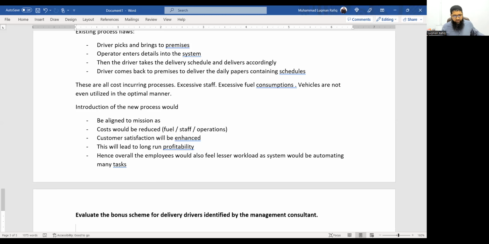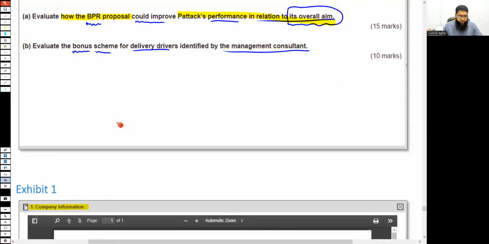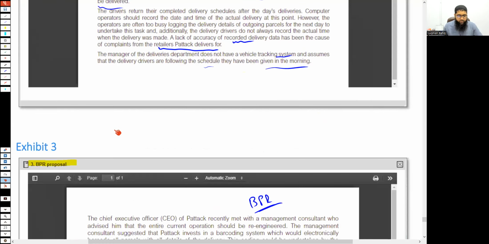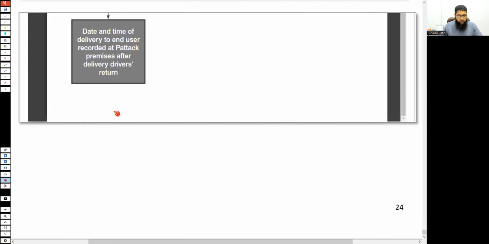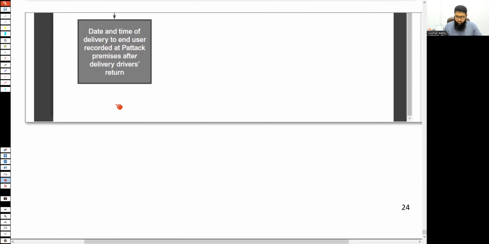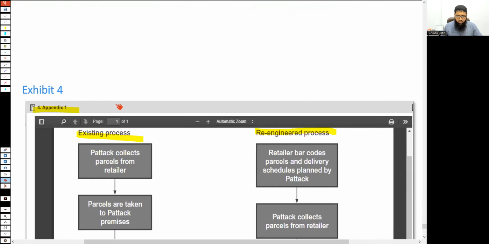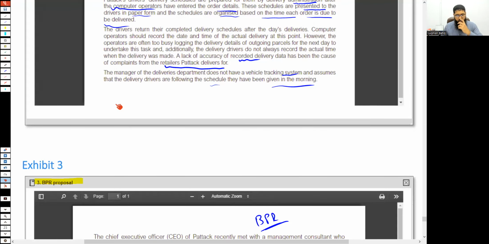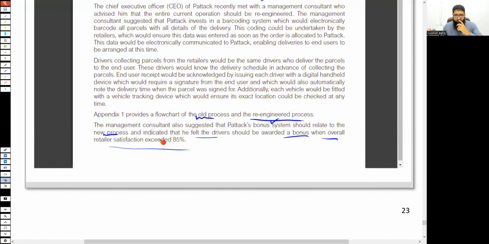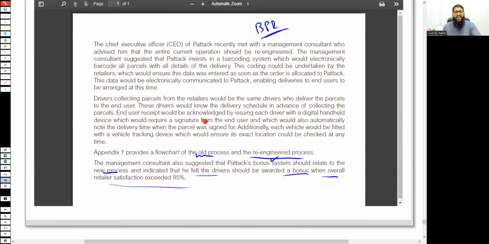If I go back to the question and see what the suggestion has been: the bonus system should relate to the new process, and the driver should be awarded a bonus when overall retailer satisfaction exceeds 85%.